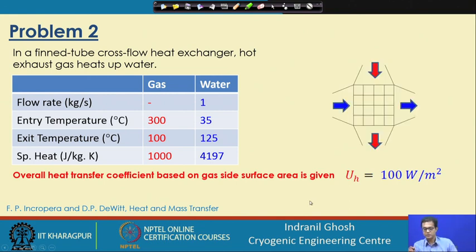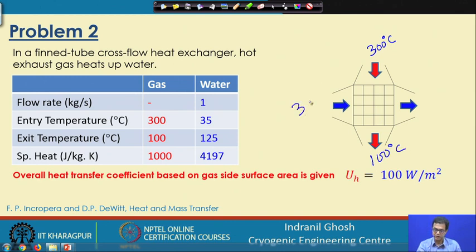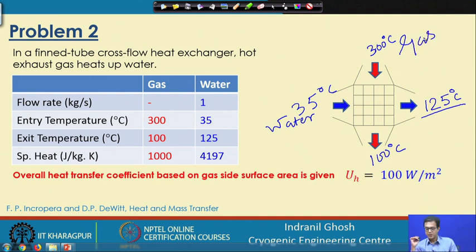this. We have the hot inlet coming here, entering at 300 degree centigrade, and coming out at 100 degree centigrade, and this is entering at 35 degree centigrade. So, this is water coming in and going out at 125 degree centigrade. This is the water outlet and this is the gas going in and out.